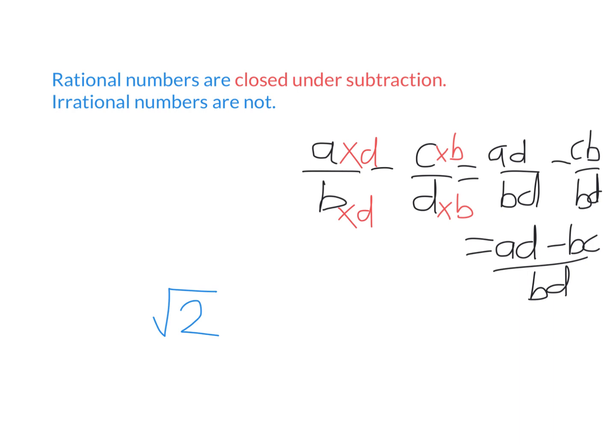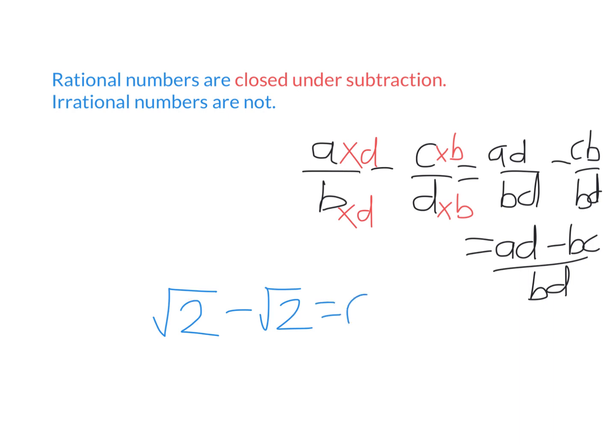The square root of 2 is irrational because 2 is not a perfect square. The square root of 2 is like 1.41 and so on. It doesn't have a terminating or recurring decimal. You can't write this number as an integer divided by another integer. So if we subtract root 2 from itself, it's an irrational number minus another irrational number.